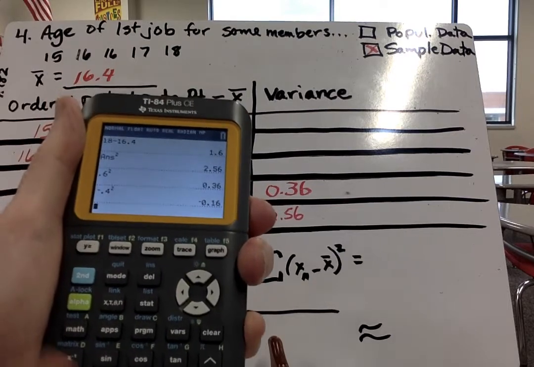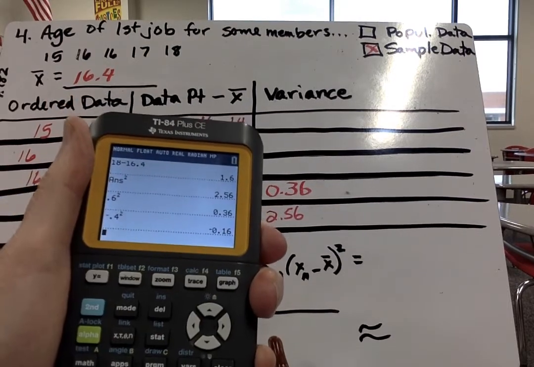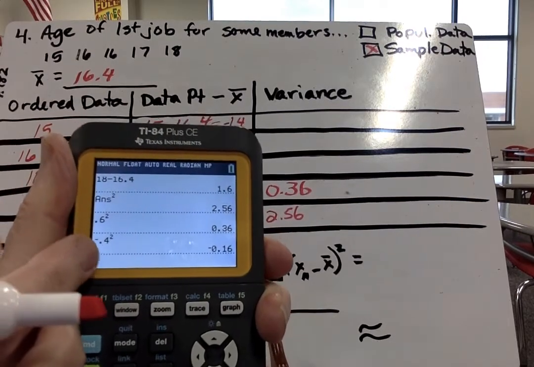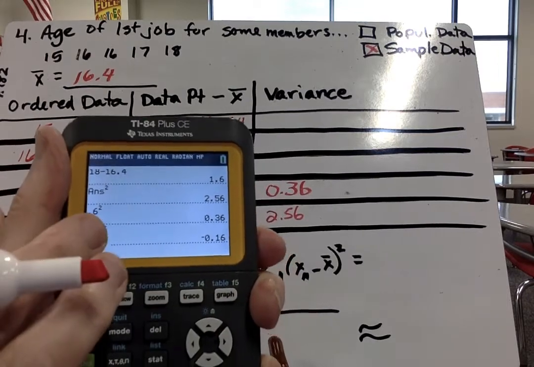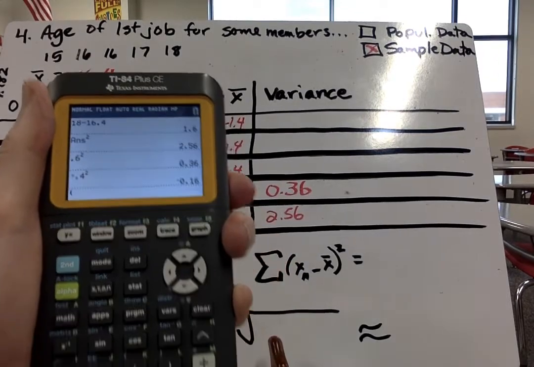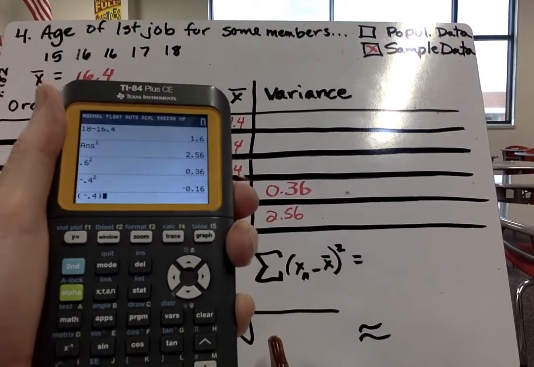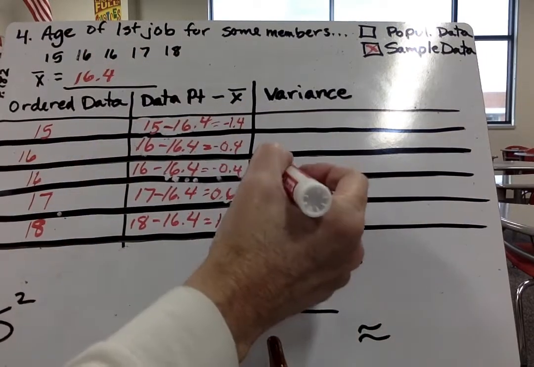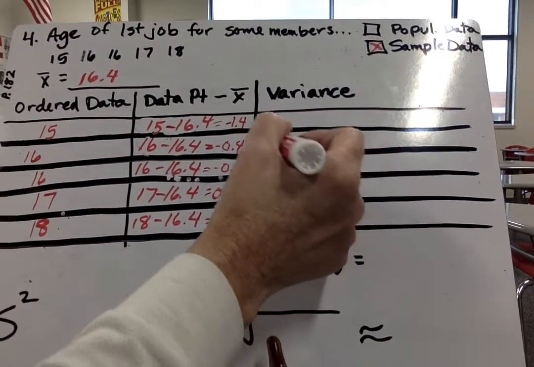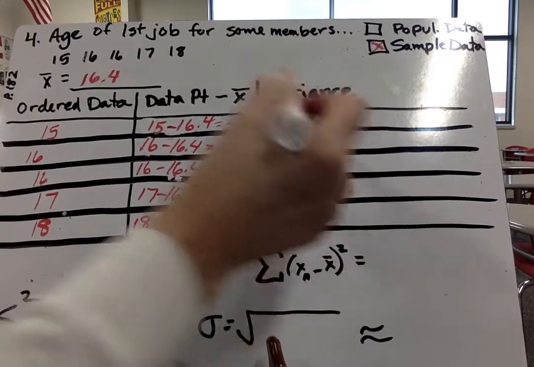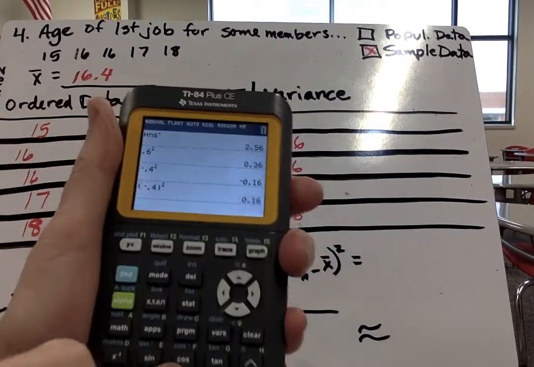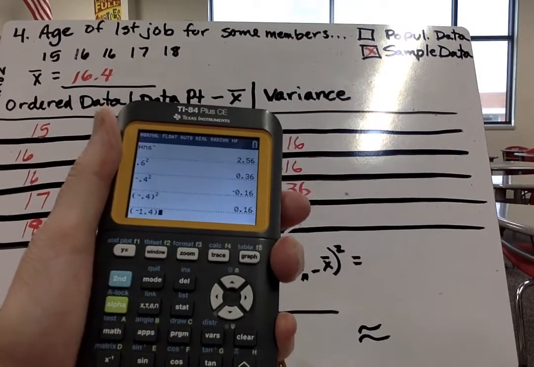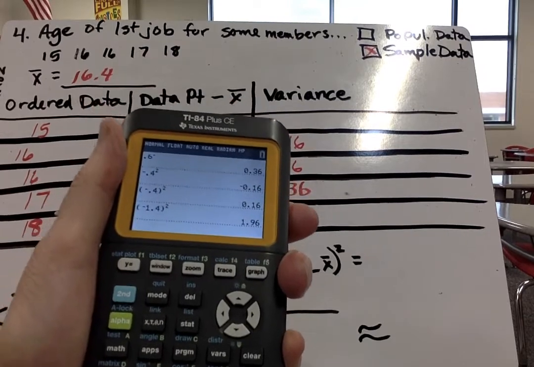Your calculator is going to keep that negative separate, and it goes 0.4 times 0.4 and then puts the negative. But it really should be negative 0.4, so you can put parentheses, negative 0.4, parentheses, then squared, and you get your answer, 0.16. And then the top one, negative 1.4, squared is 1.96.